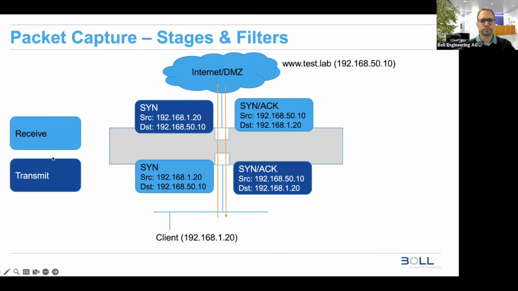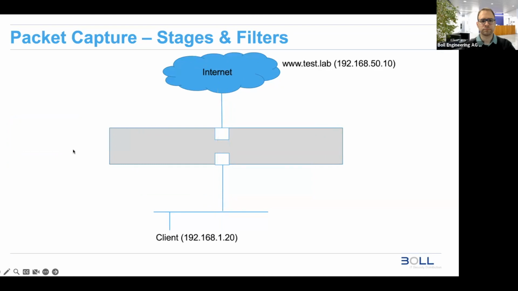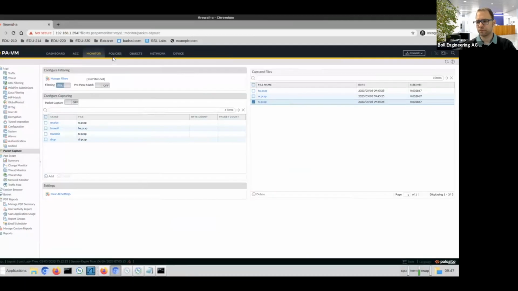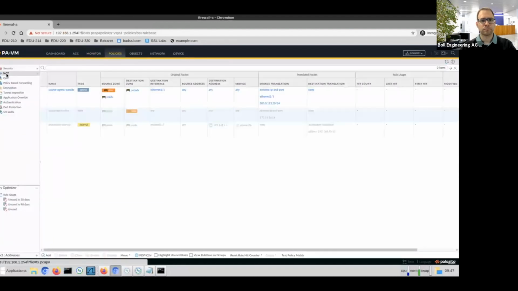So let's say we add source NAT, doing a translation on the source address. So in our example, this doesn't make sense at all, but just to show you how it is working. Let's go to the policies, to the NAT policy.